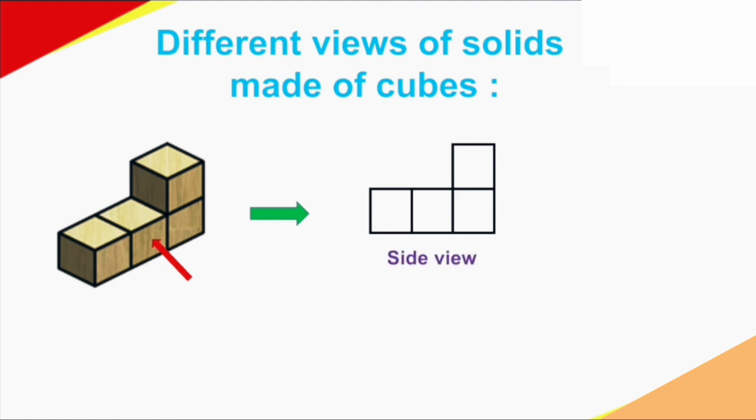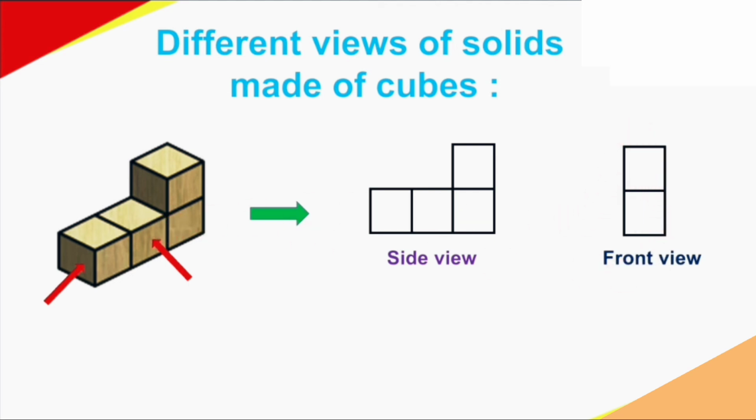Next, if the solid is viewed from the front, then how many cubes are there, children? Yes, there are 2 cubes which are arranged in this way, so that it is called the front view of the given solid.